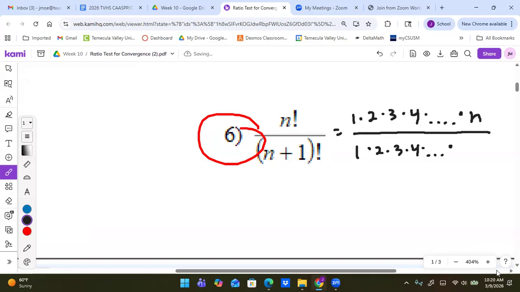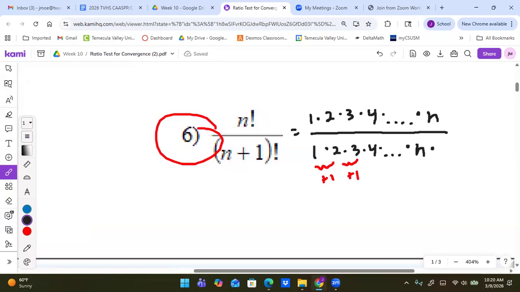Every time you're adding 1 to each term for the next term that you multiply. So you're doing times up into n, and then the next term after that is n plus 1, because the next term you multiply increases by 1.